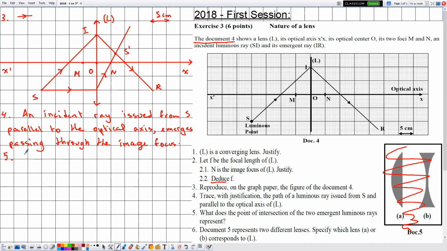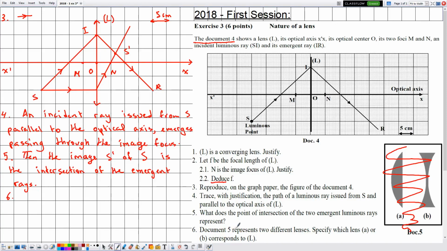Then let's say that the image S prime of S is the intersection of the emergent rays.